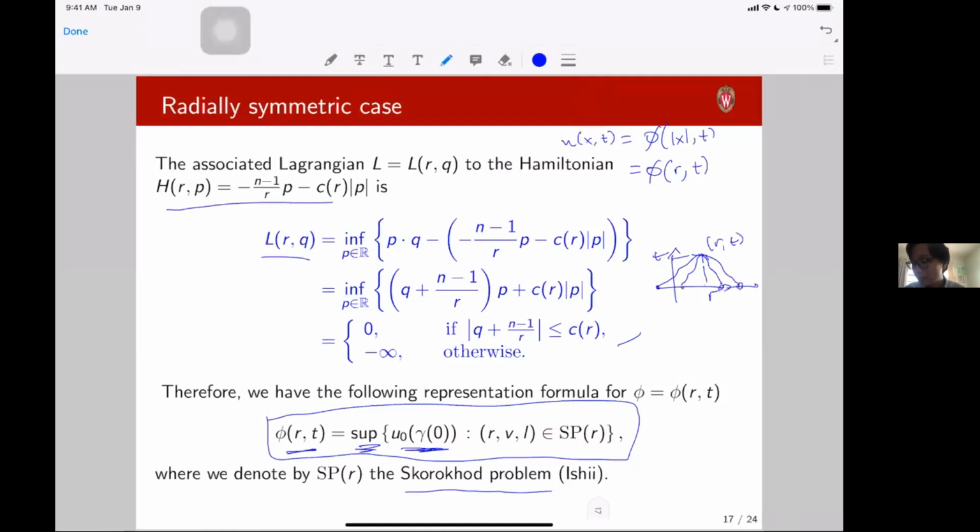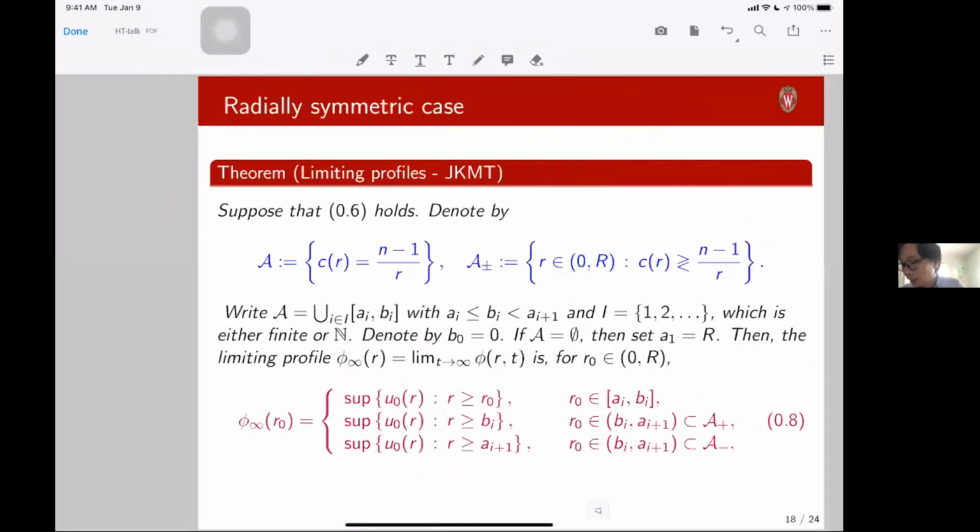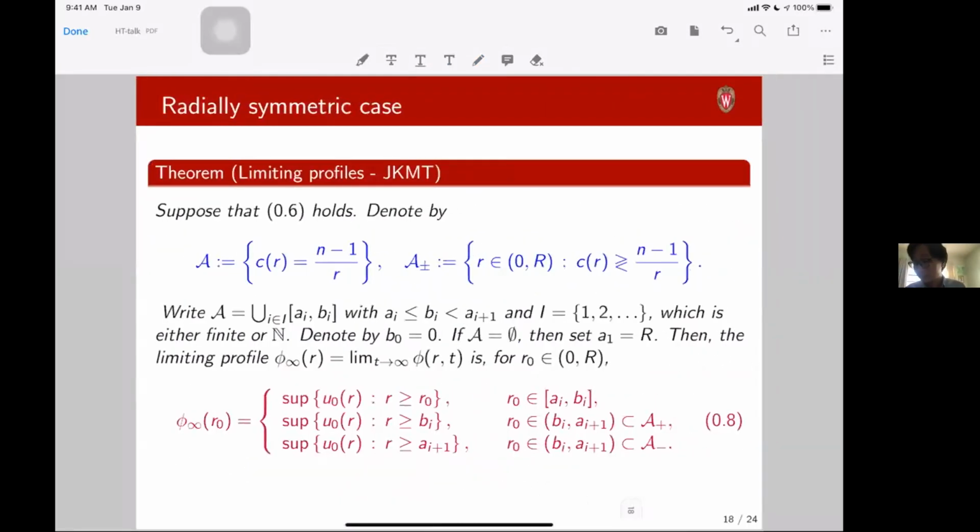Because this is the Neumann boundary problem, it is actually quite complicated. We here use the skorokhod problem, and this was studied by Hitoshi Ishii earlier for the Neumann boundary problem. So what we can prove is that we can characterize fully the limiting behavior of the solution.